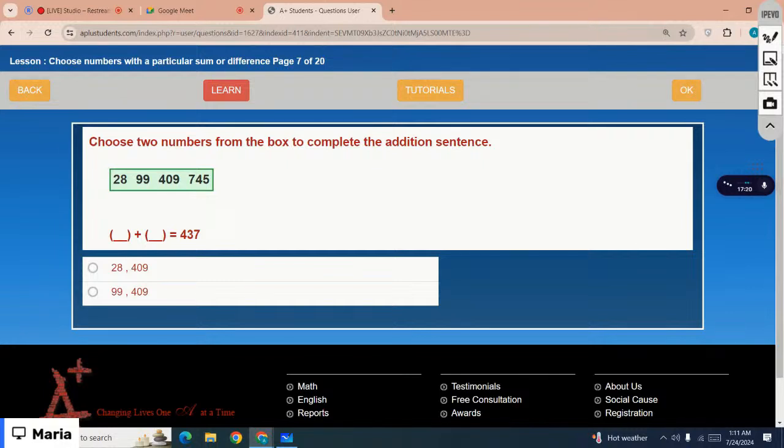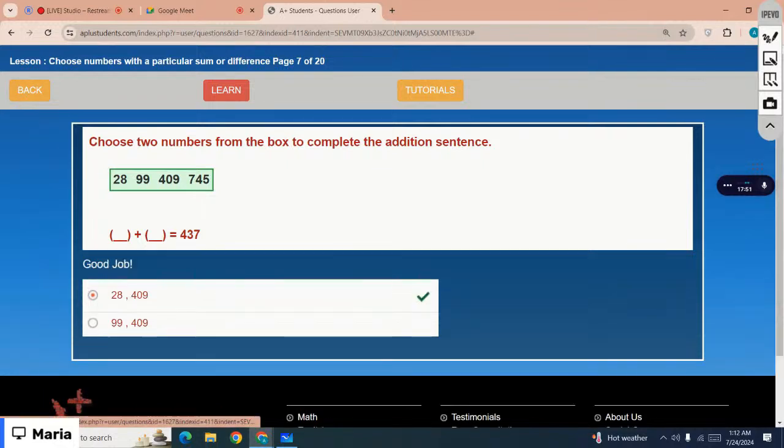Choose two numbers from the box to complete the addition sentence. Which two numbers have the sum 437? That's option number one. 409 plus 28 makes 437. Option number one is the correct option.